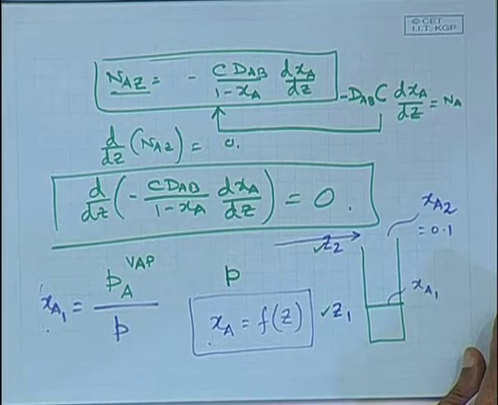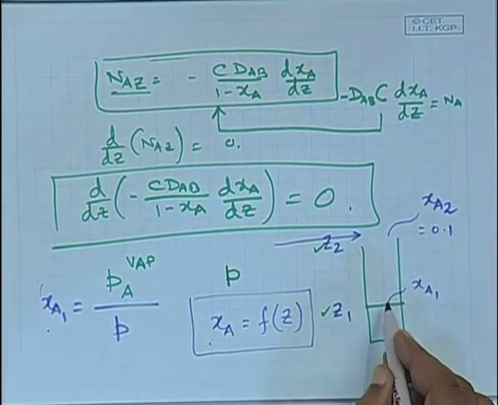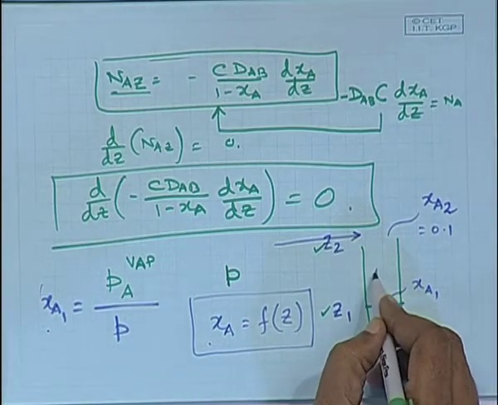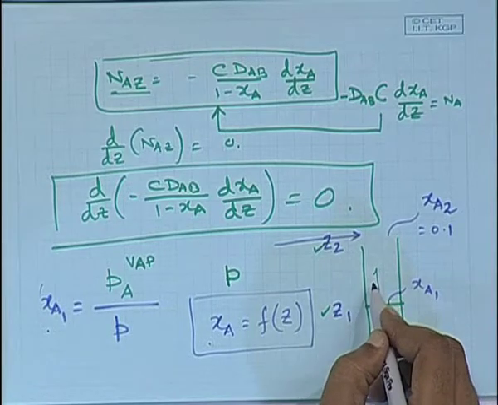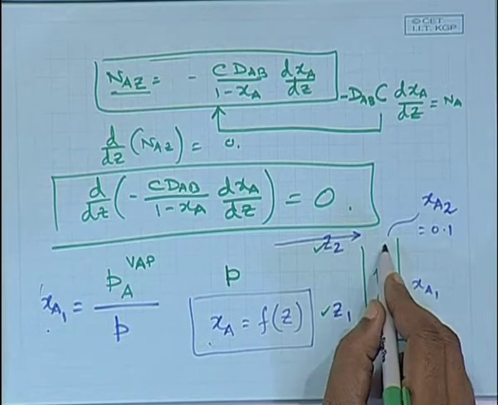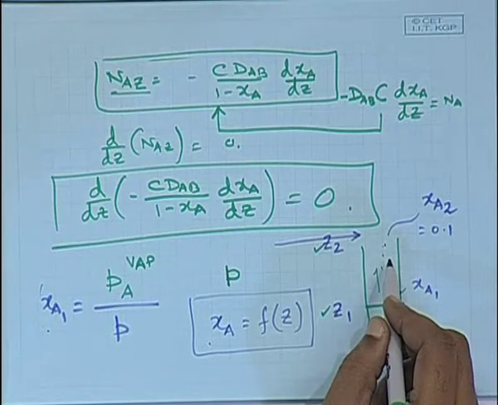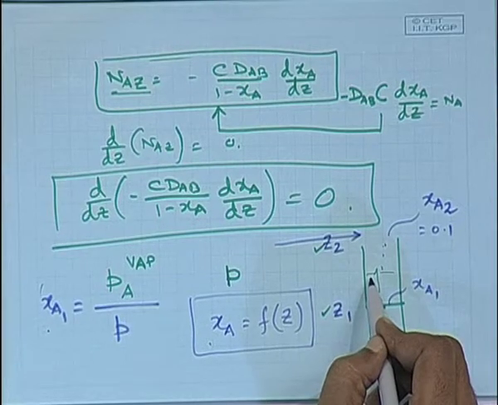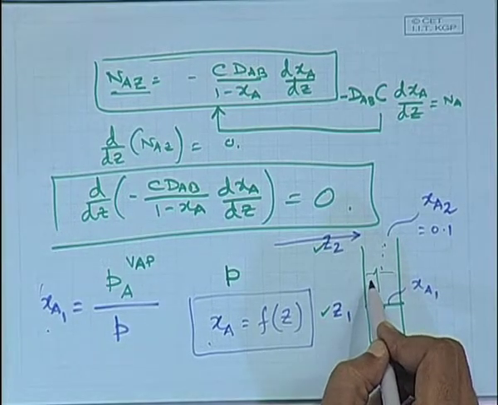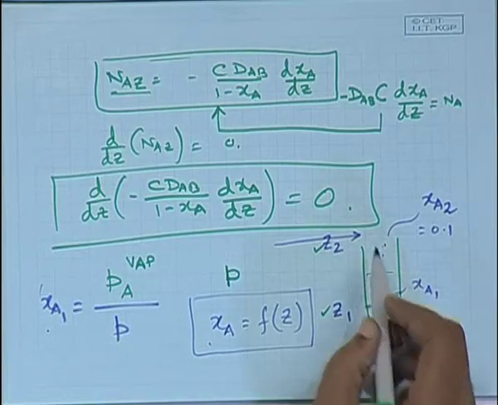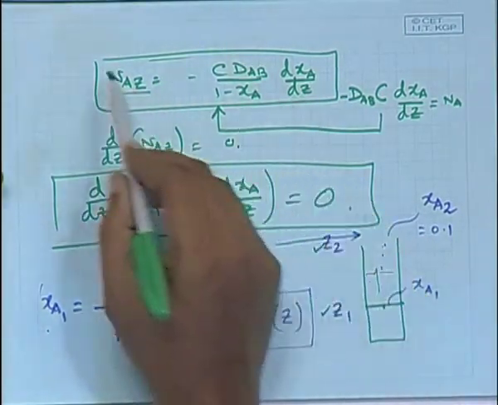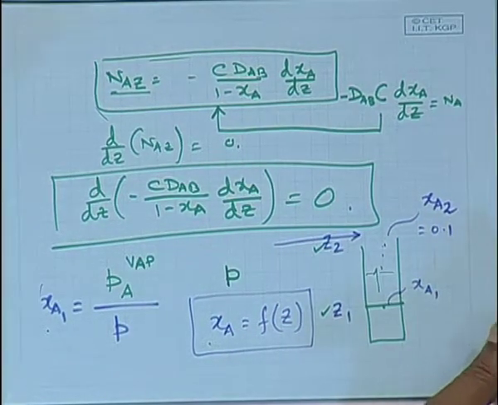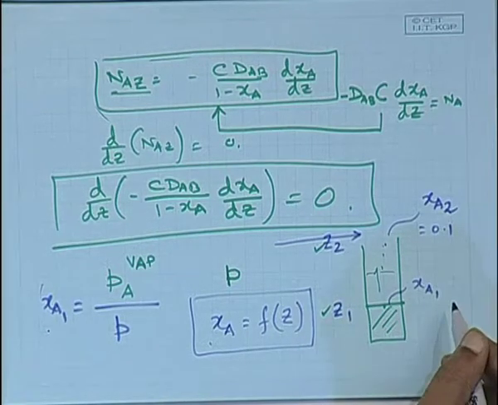At steady state, whatever be the amount of A produced at location Z equal to Z1, the same has to be carried away by whatever means, a combination of diffusion and bulk flow, everywhere else. If that is not true, then you are going to get accumulation of A inside the system, and that means the concentration of A at that point would differ, which violates our steady state assumption. So, NAZ at any location would give you the amount of A evaporated from this pool.